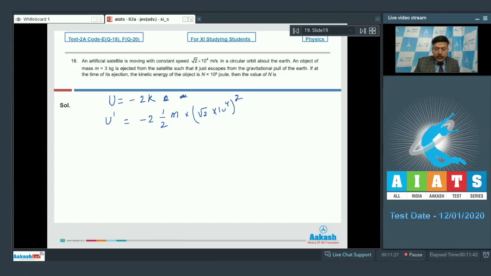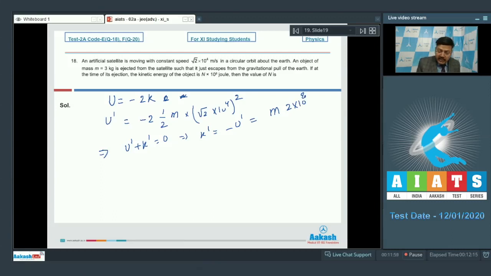And we should give it kinetic energy so that its total mechanical energy becomes 0. That is what it means that it has to escape the gravitational pull of the Earth. So U dash plus K dash has to become 0, or K dash is simply minus U dash, and that means it is equal to m into 2 × 10^8 SI units.